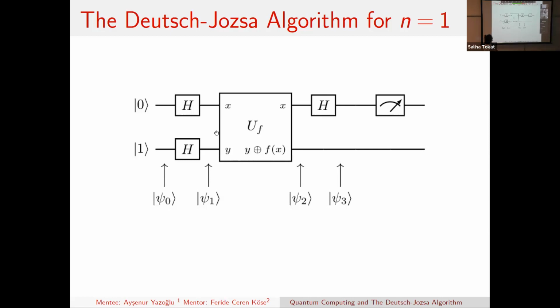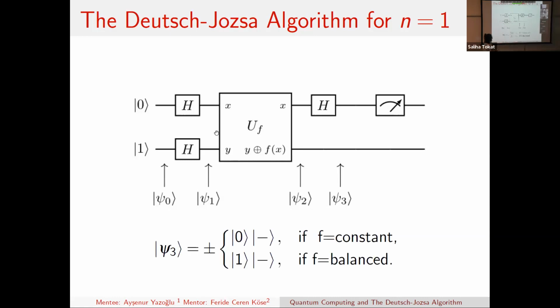The lines here are pointing out different stages of the algorithm. When we reach stage 3, what we might have is ket 0, ket minus, or ket 1, ket minus. If we have ket 0, ket minus, then we know that f is constant. And if we have ket 1, ket minus, then we know that f is balanced.